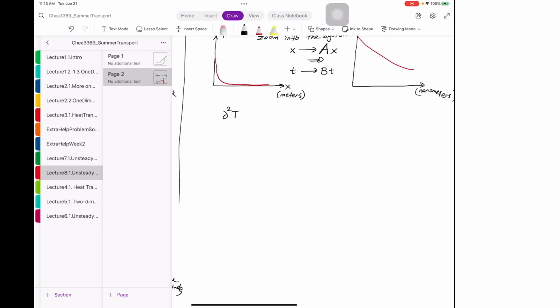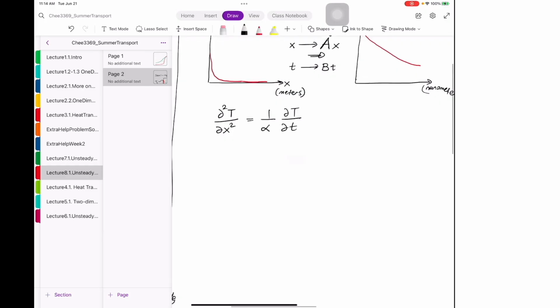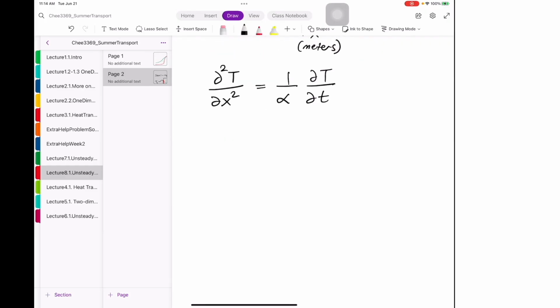Del squared T over del x squared is equal to 1 over alpha del T over del t, correct? And what I claim is the following. I should have exactly the same equation, at least up to some multiplication factor, for the zoomed in case or the zoomed out case.